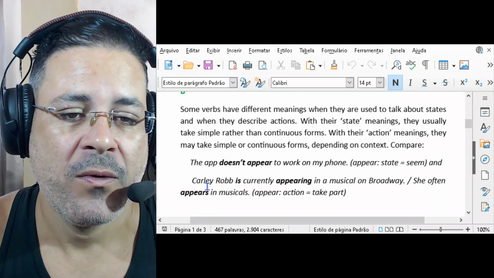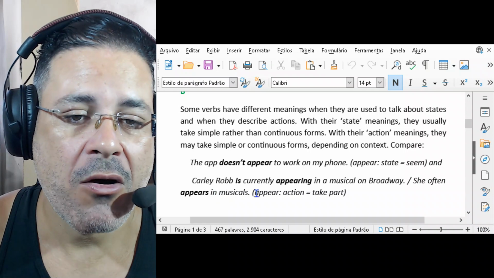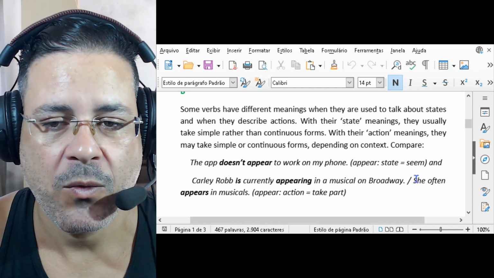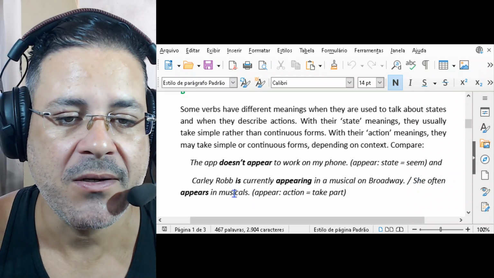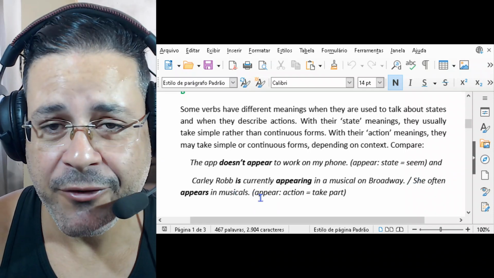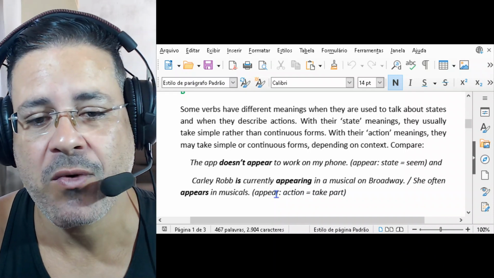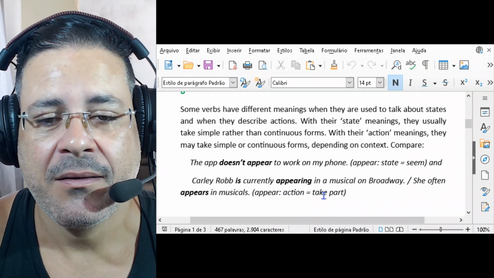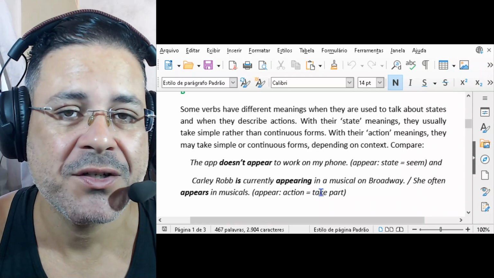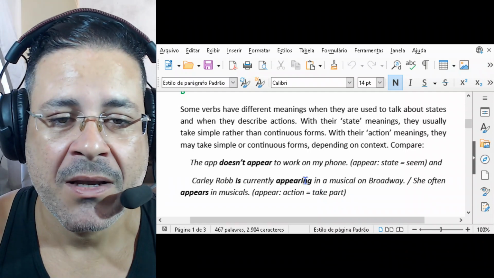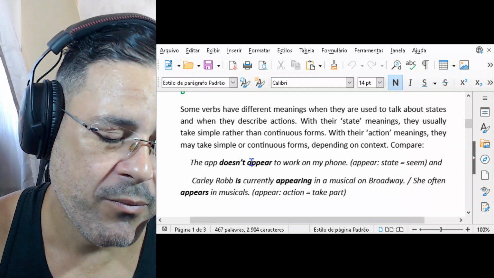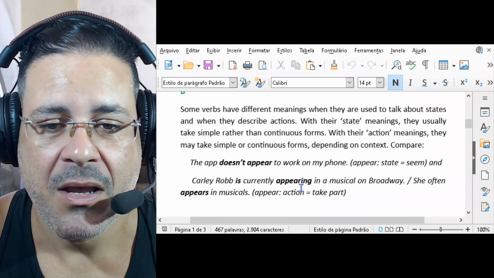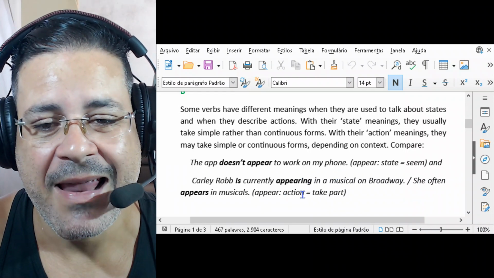And, for example, Carly Robb is currently appearing in a musical on Broadway. Or she often appears in musicals. The verb to appear in that case represents an action, that is, to take part. It's not a state verb. In that case, we can use both the simple form or the ing form to represent an action.